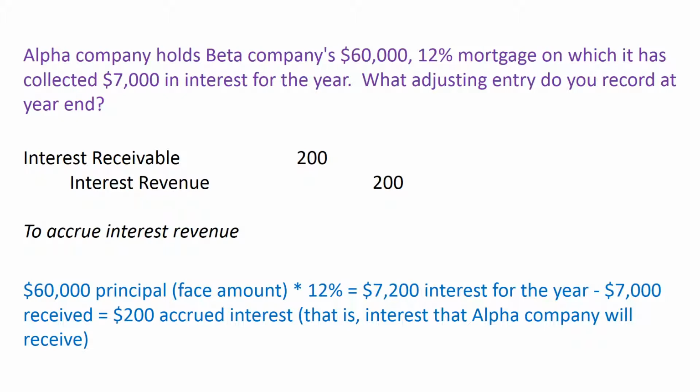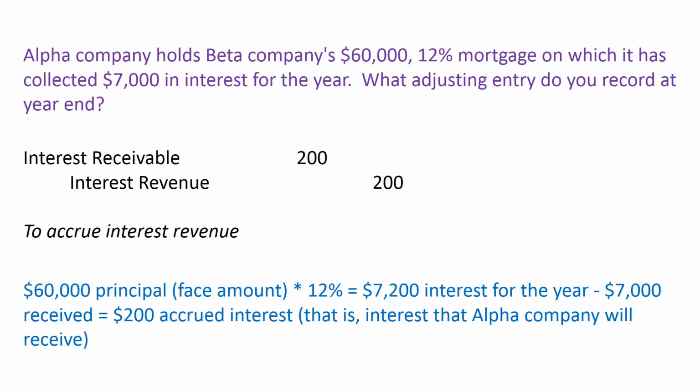Alpha Company holds Beta Company's $60,000 12% mortgage on which it has collected $7,000 in interest for the year. What adjusting entry do you record at year end? Debit interest receivable, $200. Credit interest revenue, $200 to accrue interest revenue.